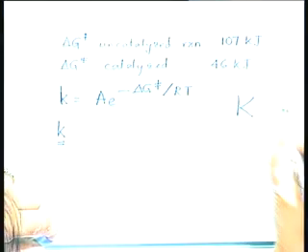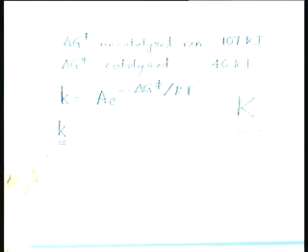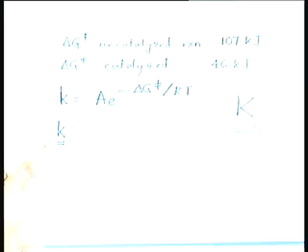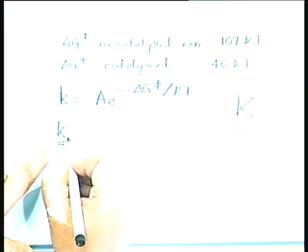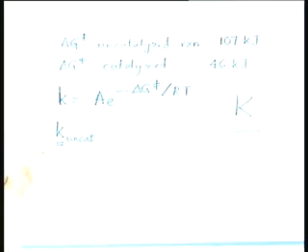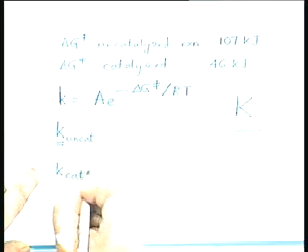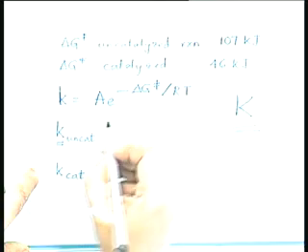Okay? Capital K is for equilibrium always, and small k is always for the rate. So, we have a small k for the uncatalyzed reaction, and I have a small k for the catalyzed reaction. How do I determine it?